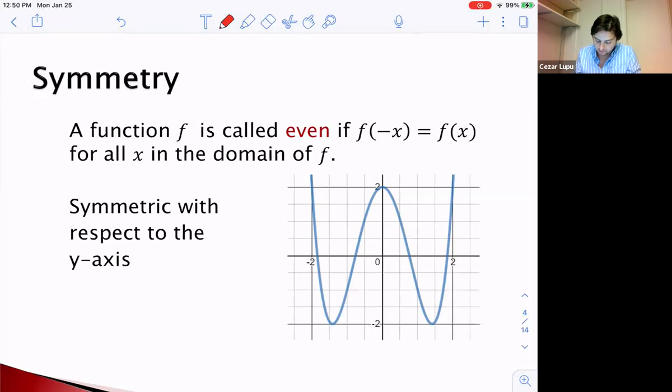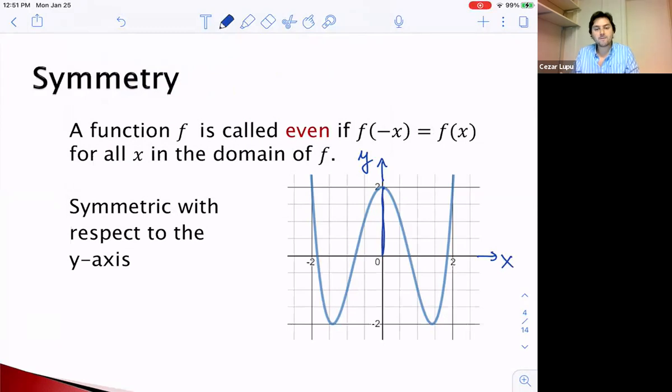And if you look at this picture here, this is the y-axis, and this is the x-axis. As you can see, it's symmetric with respect to the y-axis. You see the graph? It's very symmetric.